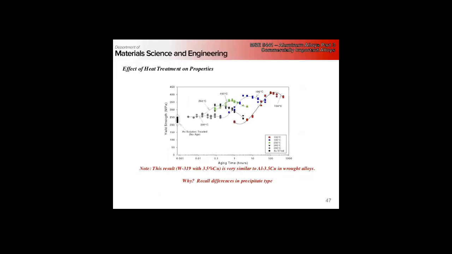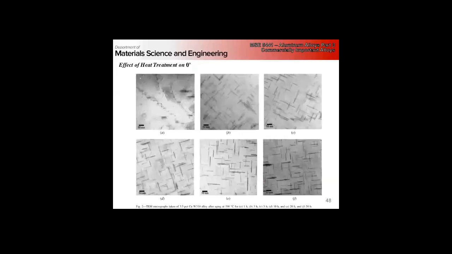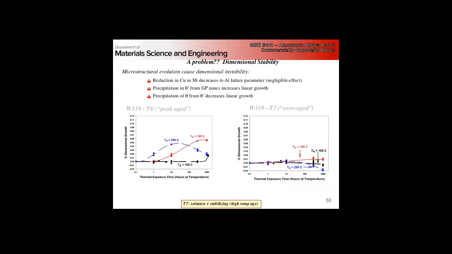The aging behavior is very similar to the wrought alloys, but we have this issue with dimensional stability. So being able to look at these curves and tie this back to microstructure. Why do we grow and then shrink?